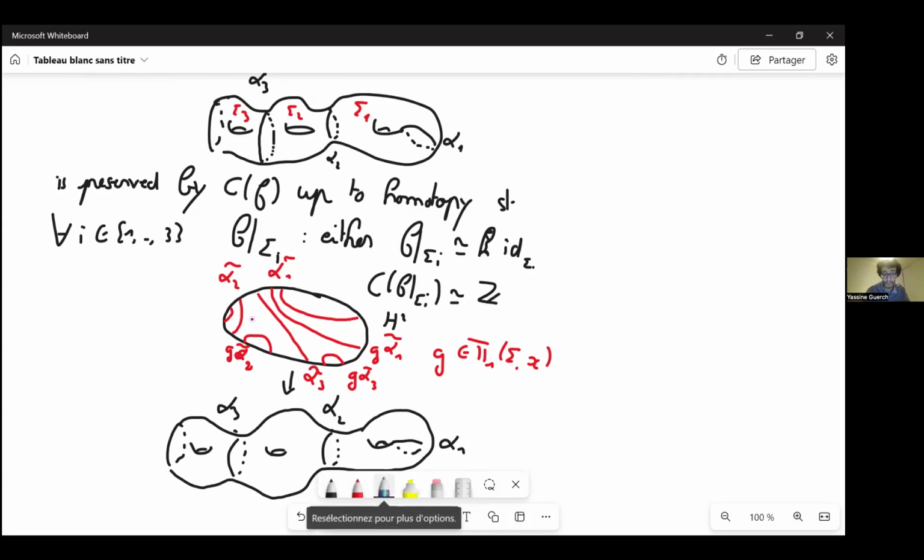And what you do is that for each connected component, you construct a tree as follows. Its vertices are the points, one point for each connected component.